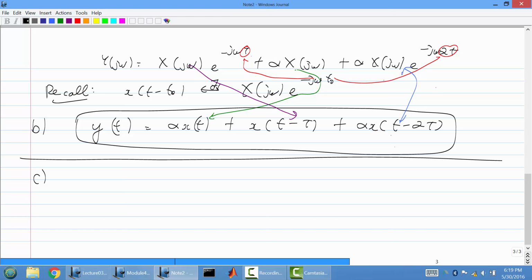Okay, so that's what the criteria was. So the magnitude is constant for all frequencies, and the phase is linear.